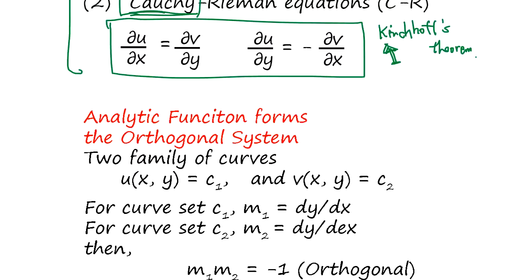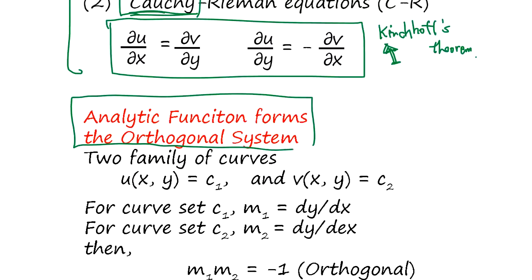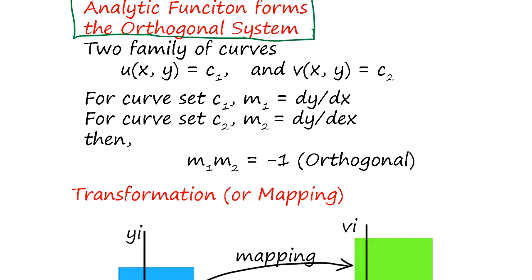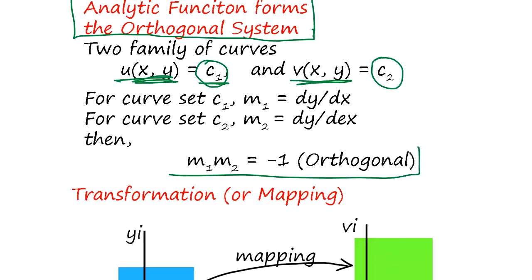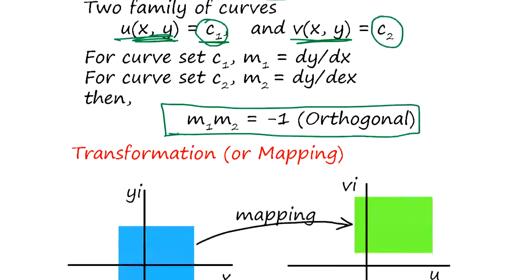Cauchy. So an analytic function forms an orthogonal system. This is a characteristic of analytic functions. What does orthogonal mean? For u and v, we set each to a constant and make a group of curves, and they intersect each other orthogonally. Okay, the proof you can find in a math book.